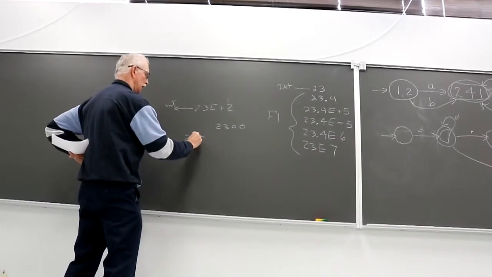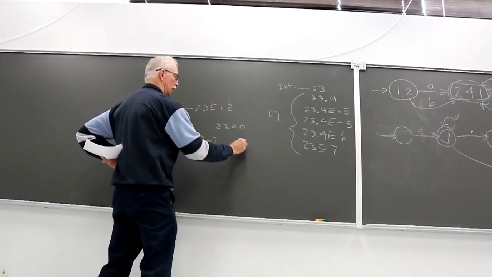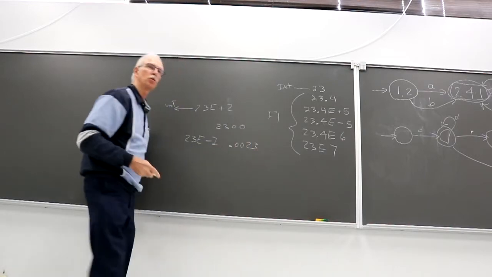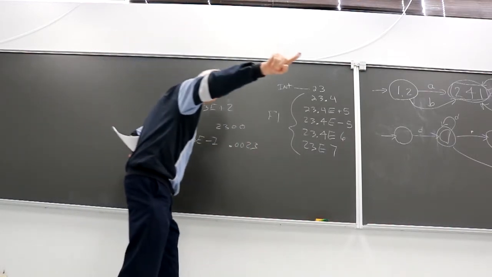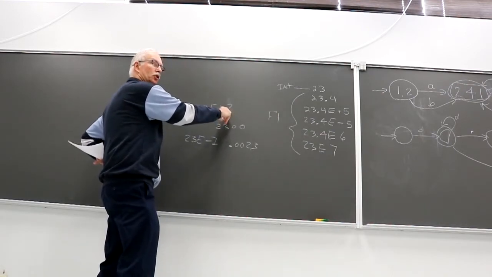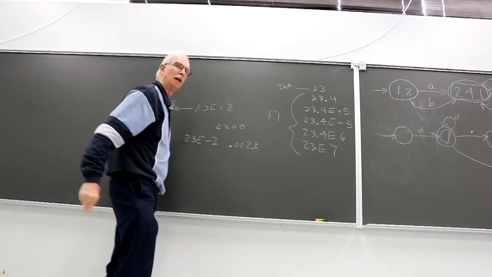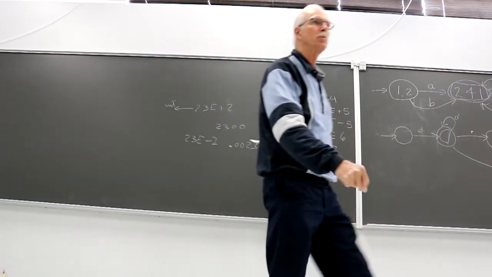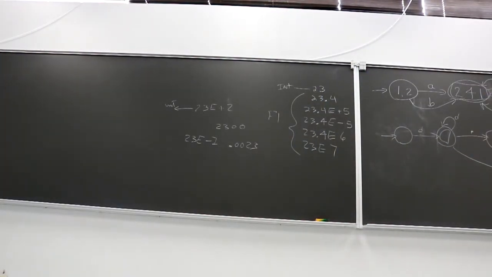But if we have 23E minus 2, then that has to be a float. So in your question, I can return this as an integer constant, but I have to return this as a floating point constant. I don't want it to be that nasty. You don't have to flip gears on the negative side. So just return them all as a float.